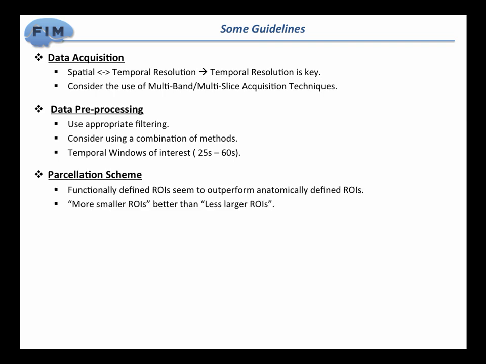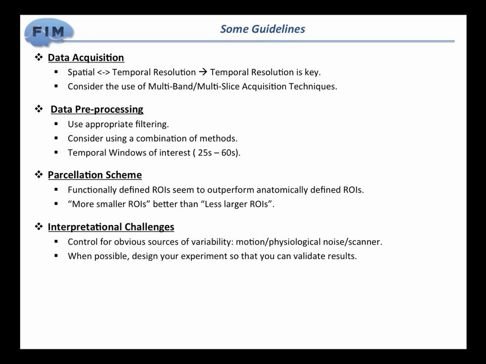Regarding parcellation scheme, as I said before, for this particular type of study, I would suggest going for some functionally defined ROIs. And within those, usually more than 100 or 200 ROIs is the minimum you want to do. You don't want to do 30 ROIs that cover the whole brain.